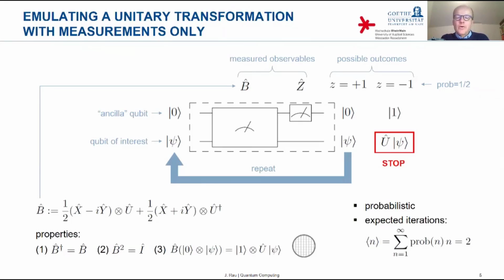It's enough to show that with measurements you can emulate arbitrary single qubit transformations and the CNOT. And since single qubit transformations and the CNOT form a universal set, and if both can be implemented with measurements, then automatically measurement-based computation also is universal.